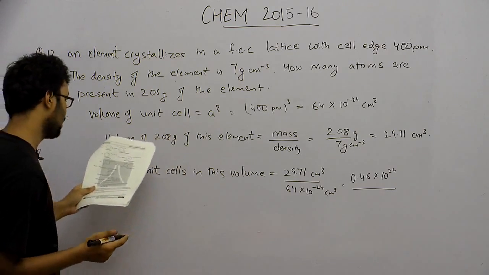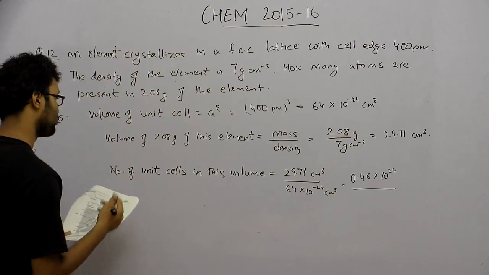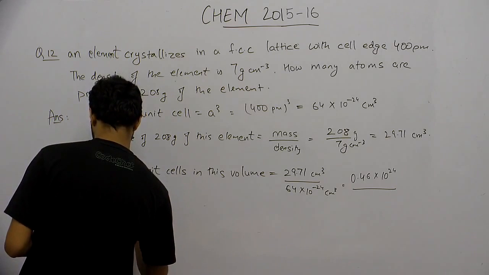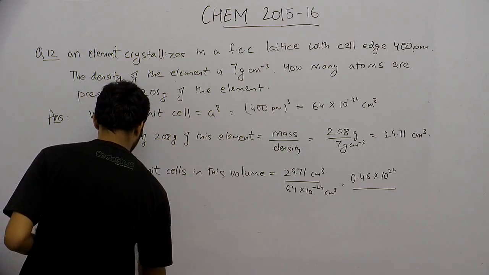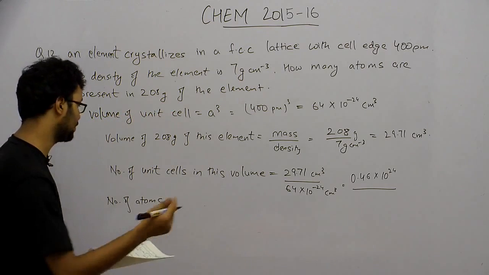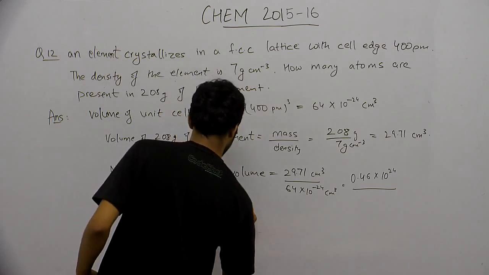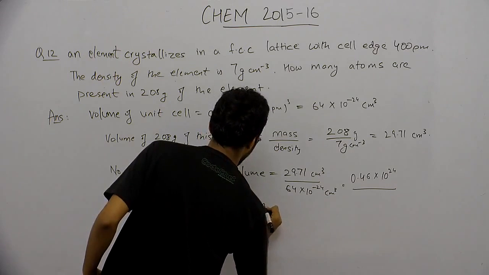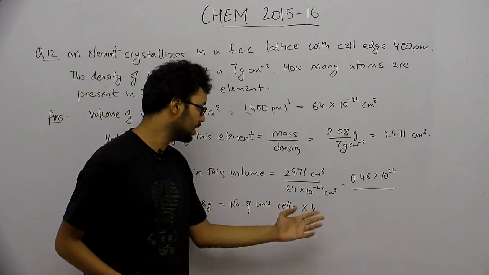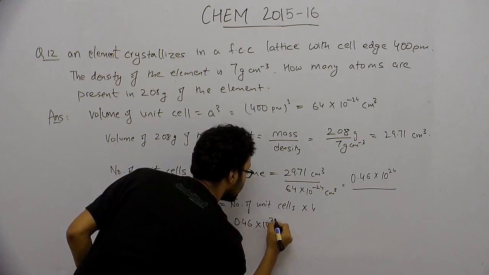Therefore the total number of atoms in 208 gram is the number of unit cells into the number of atoms in each unit cell, that is 0.46 into 10 raised to the power 24 into 4.